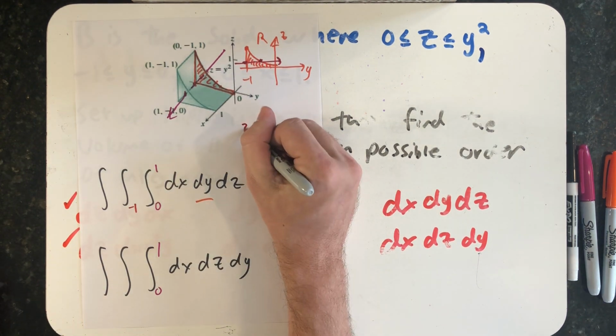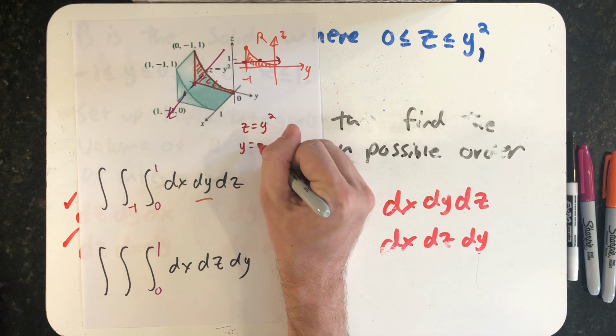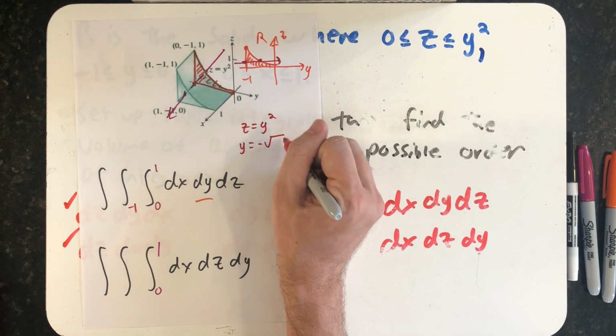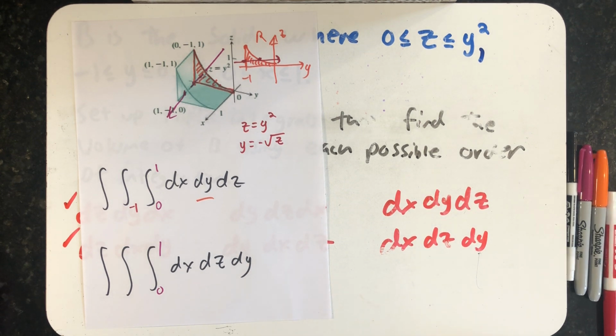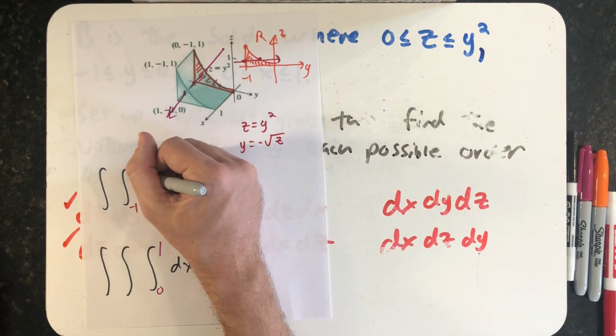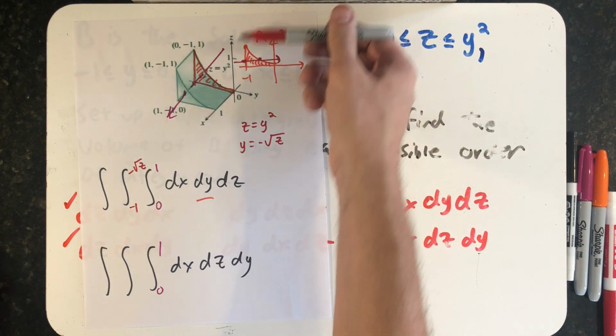And that parabola is z equals y squared. So I need to solve that again for y. All right, and now I need bounds for z that contain the whole region. Well, that's between 0 and 1.